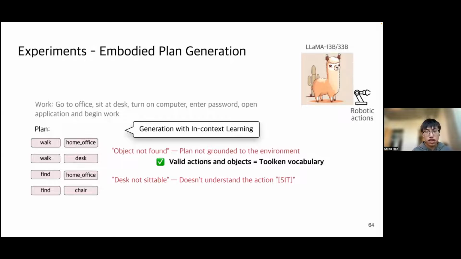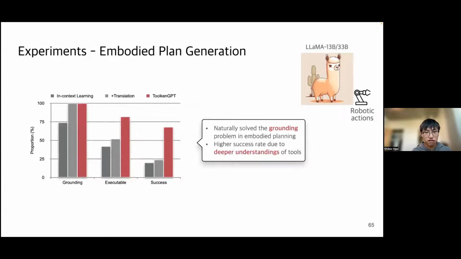And as I just said, since we can train the token embeddings with demonstration data, which helps the language model understand its semantics instead of just looking at the text, it will have a better understanding of the tools and a higher success rate.